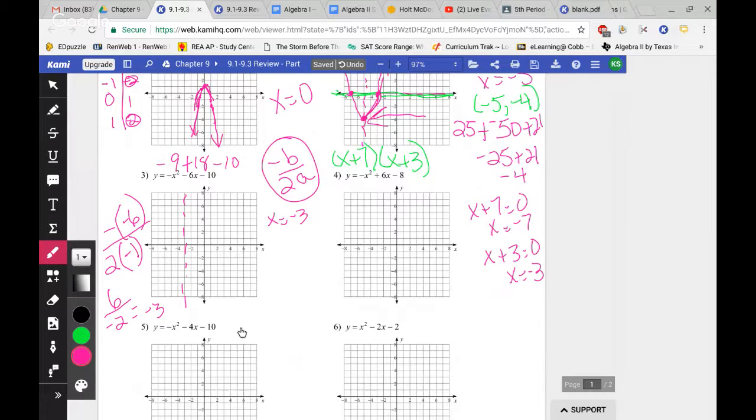So I have negative 9 plus 18 gives me a 9, minus 10, which is negative 1. So my vertex is negative 3, negative 1. And now I'll go over here to Desmos.